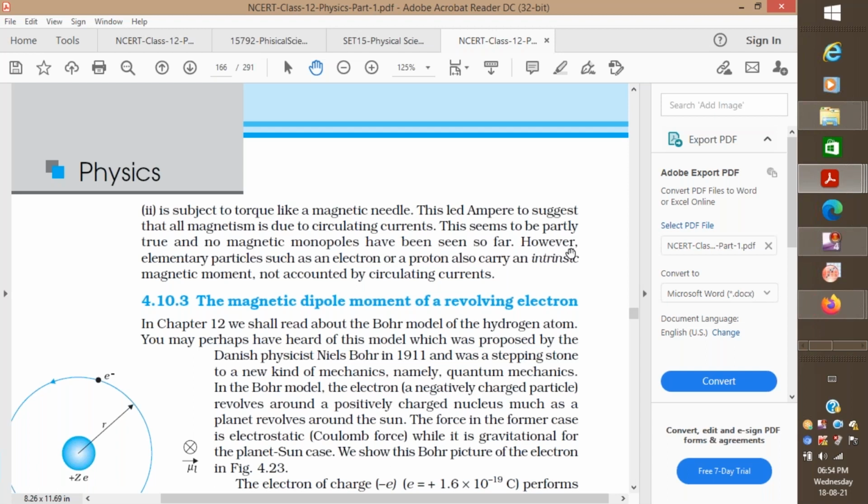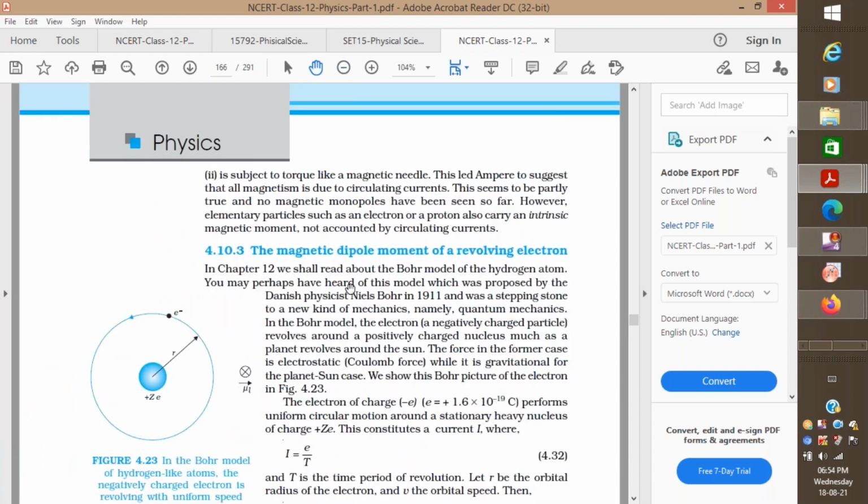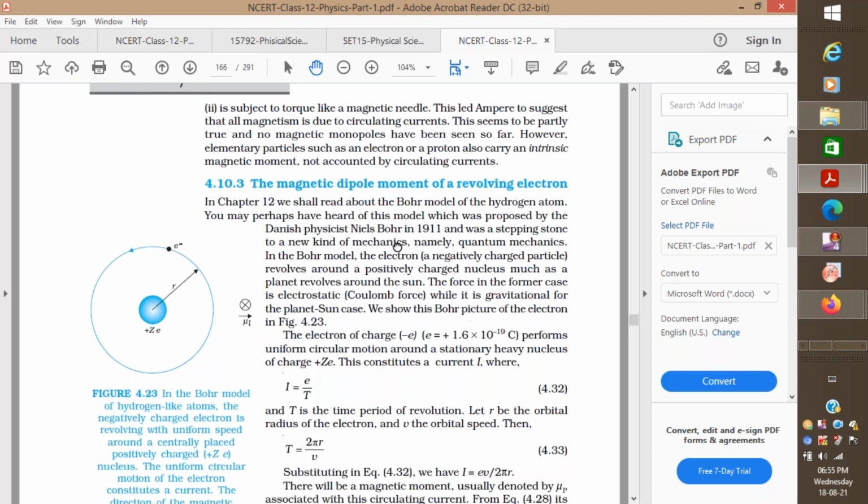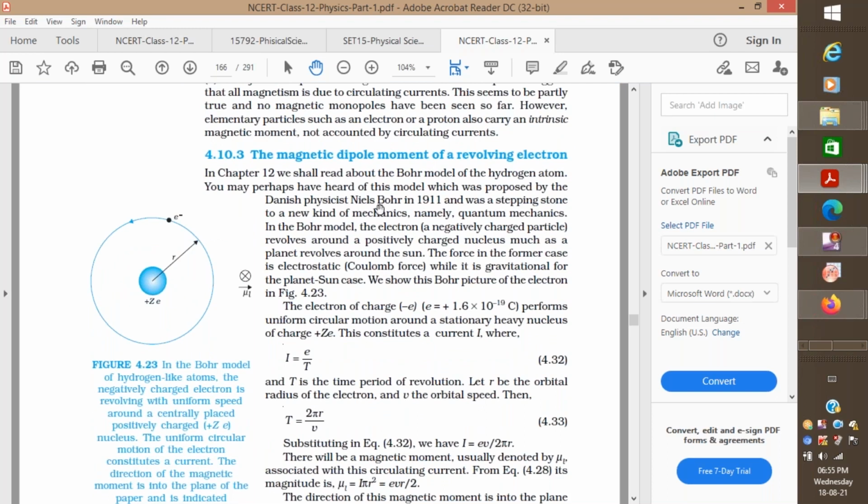However, elementary particles such as an electron or a proton don't have such circulating current, but you can use that model in case of electrons also. But they have an intrinsic magnetic dipole moment, even though we cannot assign any circulating current to those cases. Okay, now we'll see another point.